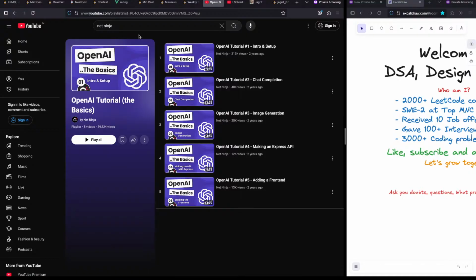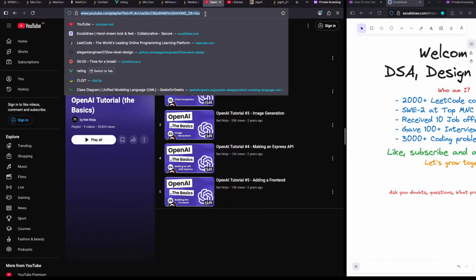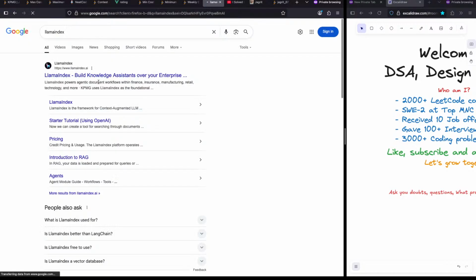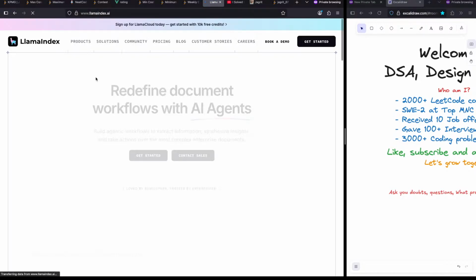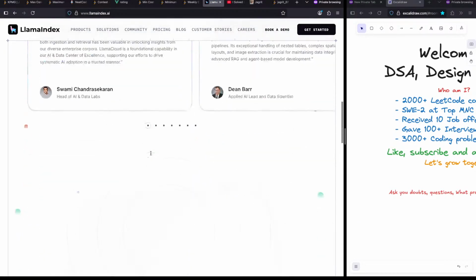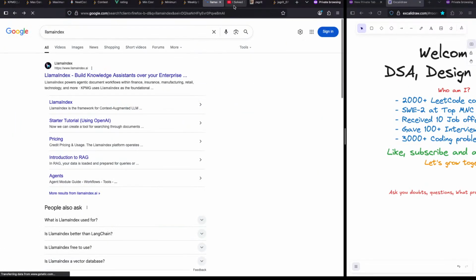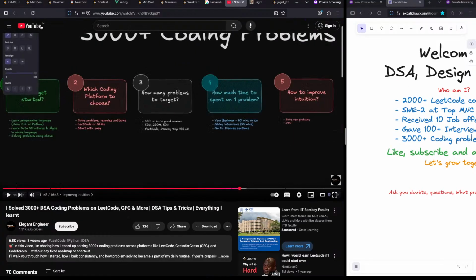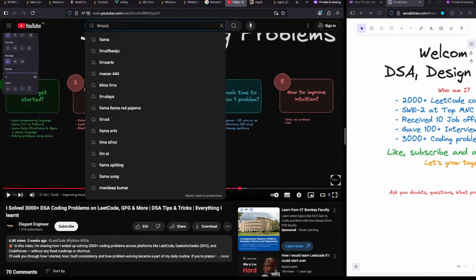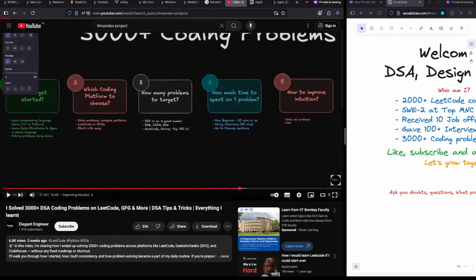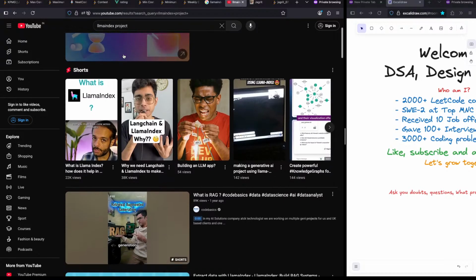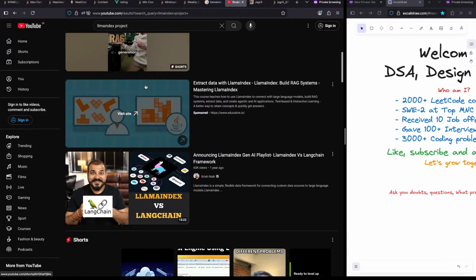Just like there is Spring Boot, there are now frameworks like Llama Index. These are for building assistants, so you can build AI agent assistants. Make your projects around this. This is for everyone who's listening and is in college. So let's say a Llama Index project. Nowadays there are shorts.